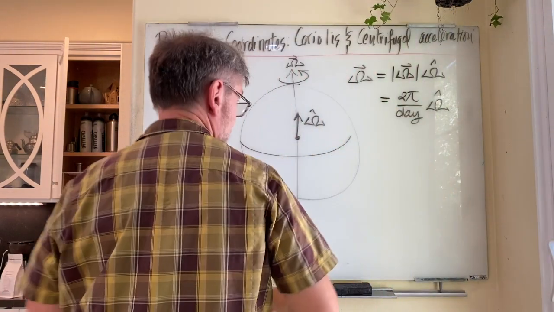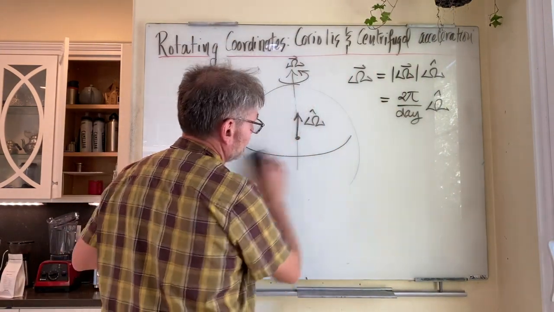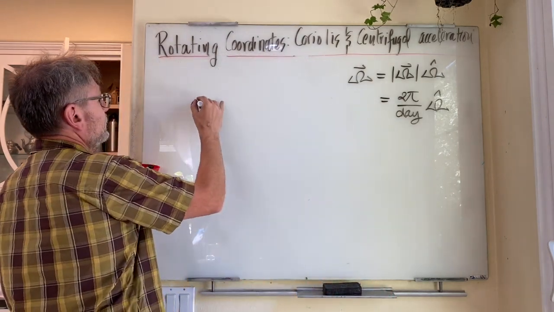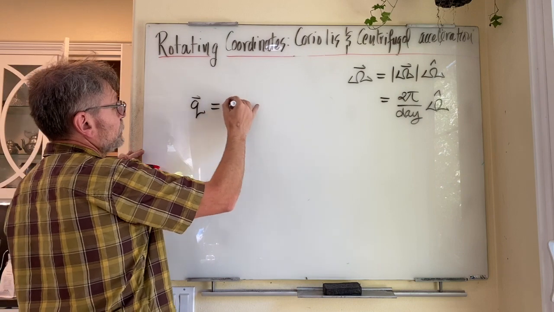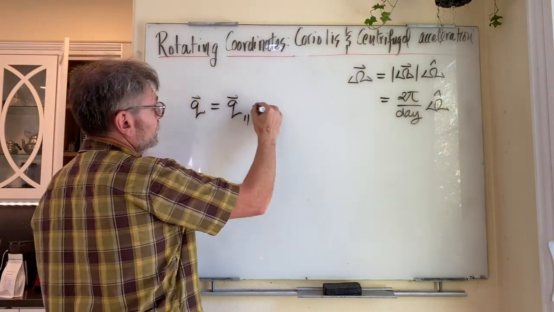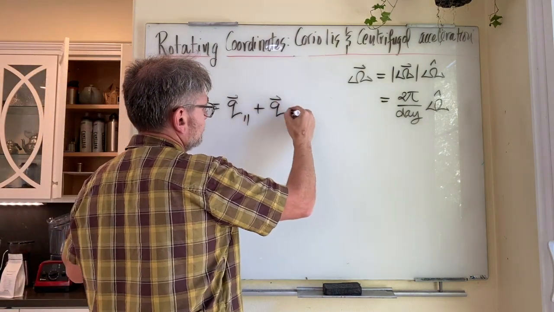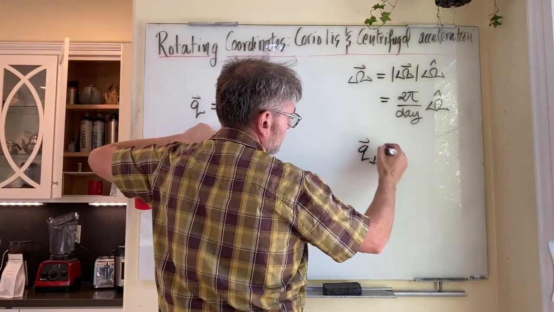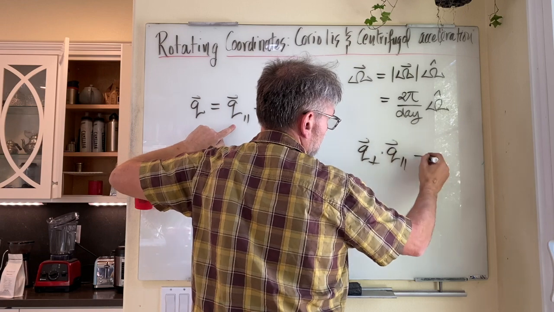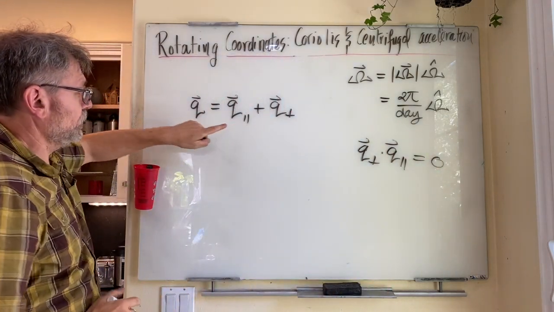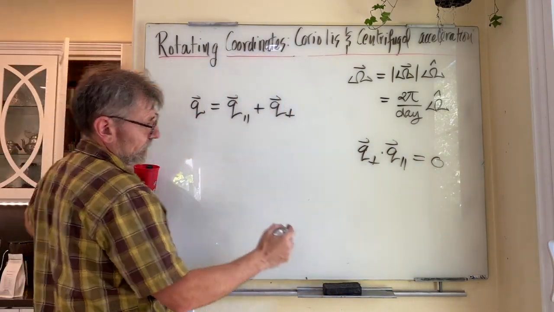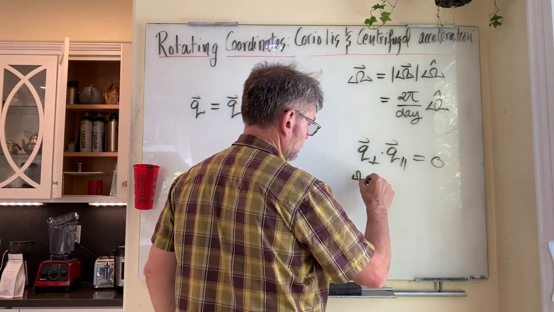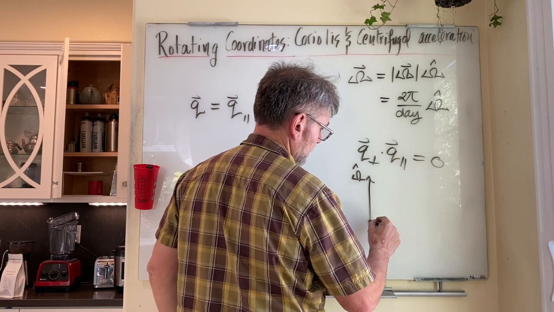So we're going to write the following. We have a vector q, and we're going to write it as q parallel plus q perp. These two vectors are perpendicular to each other, so q perp dotted with q parallel is 0. And the q parallel, right, this is the omega hat in this direction, and this is q.